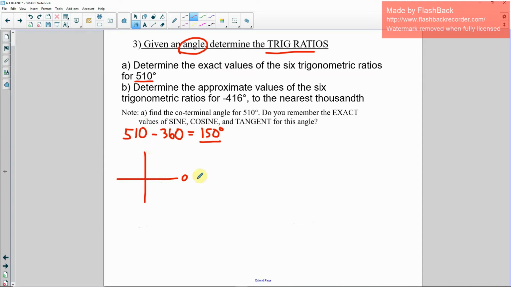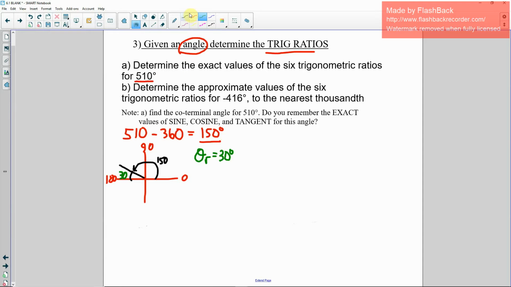So if this is 0, that's 90 degrees, that's 180, then I can see that 150 degrees lands somewhere in quadrant 2. So let's sketch it. There's 150 degrees. I'm interested in the reference angle. To get from 150 to 180, that's going to be 30 degrees. So that is going to be the reference angle that I'm going to be using to find my trig ratios of 510 degrees.